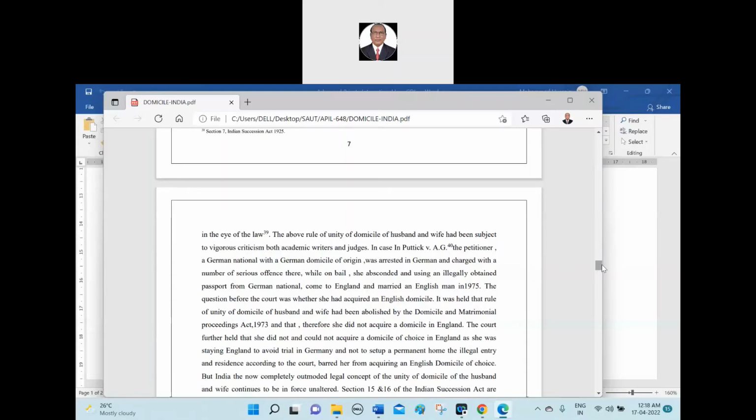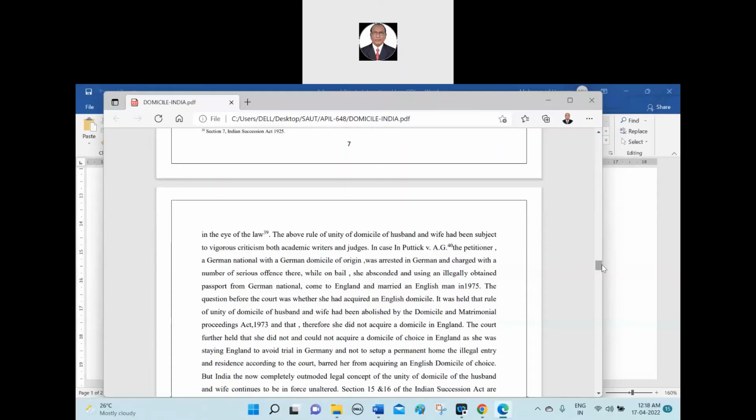She got on bail, she absconded using an illegally obtained passport, and came to England and married an Englishman in 1975. The question before the court was whether she had acquired an English domicile.